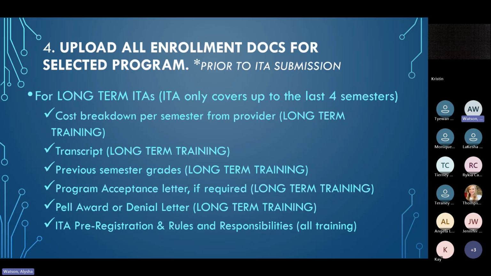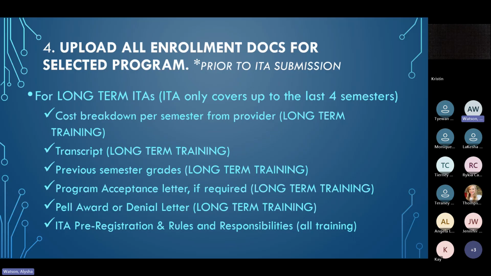All right, so upload all enrollment docs for selected programs. For long-term programs, if they are a semester-based program, we have to have the cost breakdown per semester from the provider. On that cost breakdown, it'll have the tuition, books, and everything for that semester, and then what funds are being requested from WIOA. It'll also show if they're receiving Pell or not.